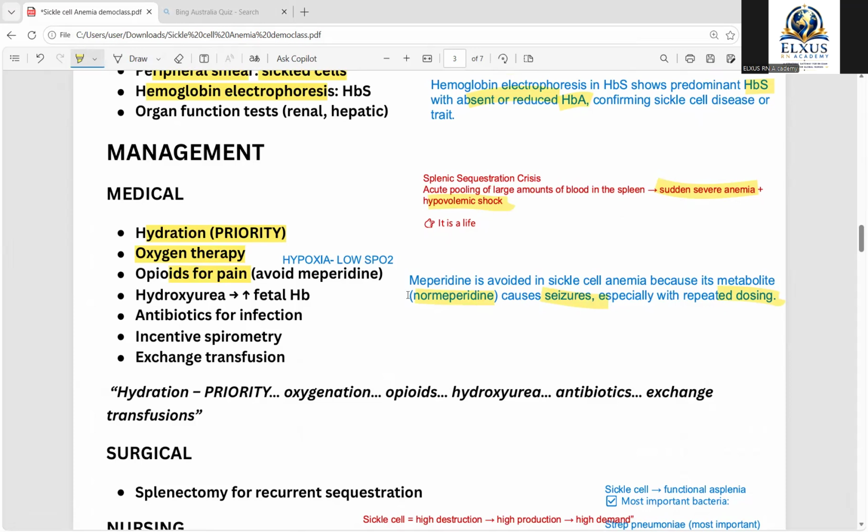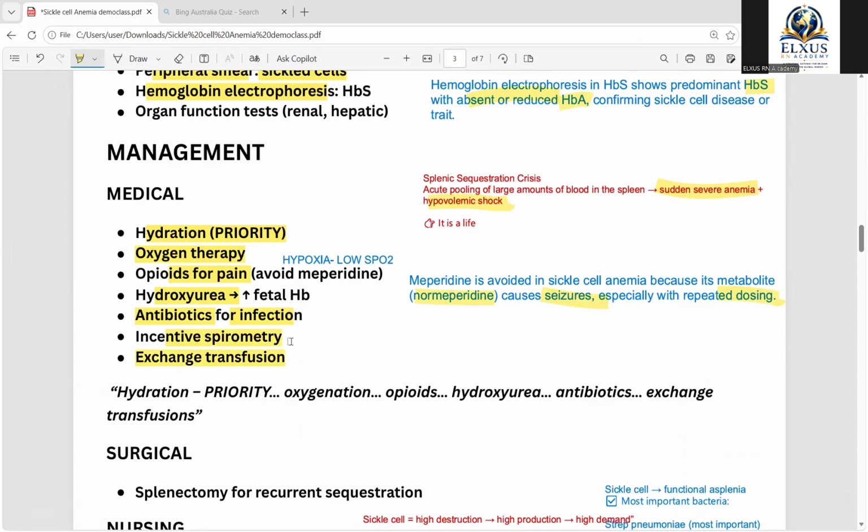Hydroxyurea can also be administered, which increases the fetal hemoglobin. And we know the child is more prone to infection, so antibiotics are needed.